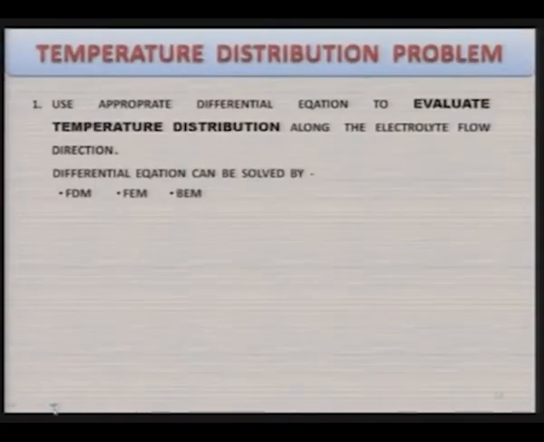Suppose it is a temperature distribution problem, then use the appropriate differential equation to evaluate temperature distribution along the electrolyte flow direction. Real life problems are not as simple as plain parallel electrode problems.